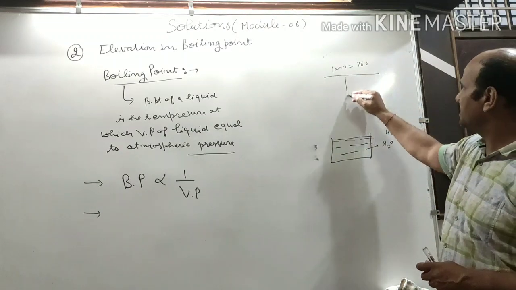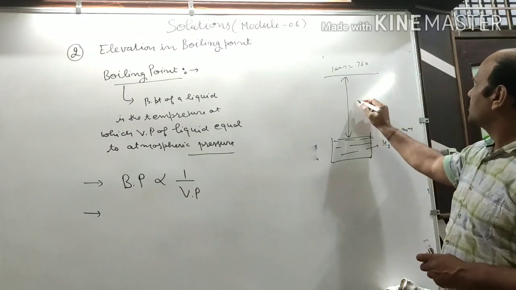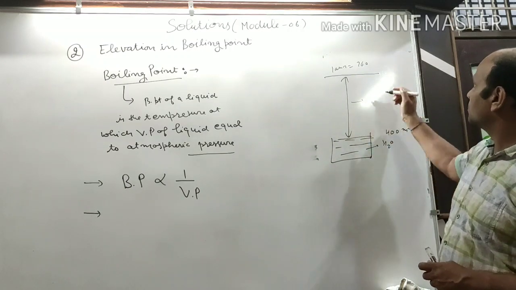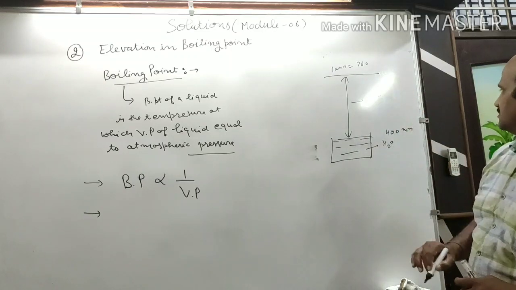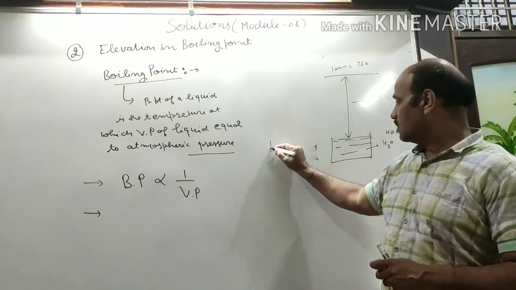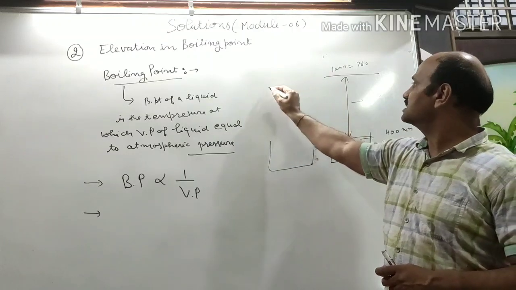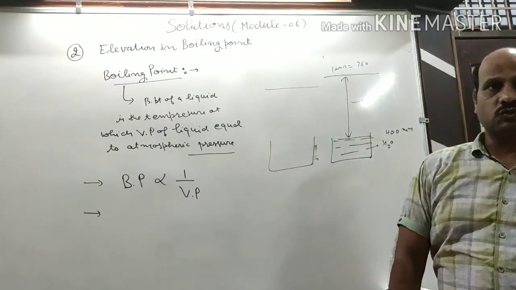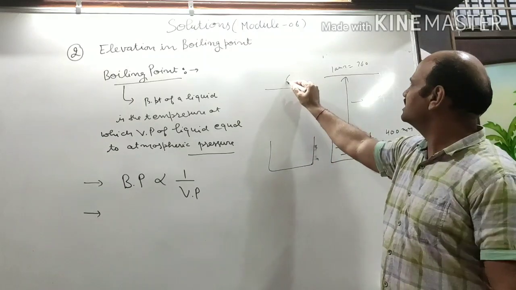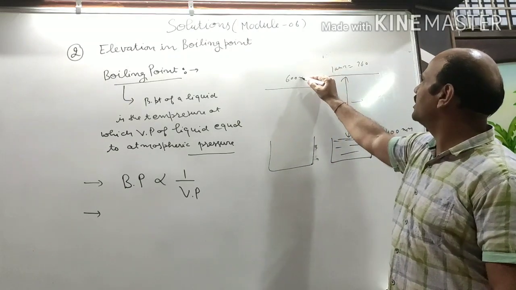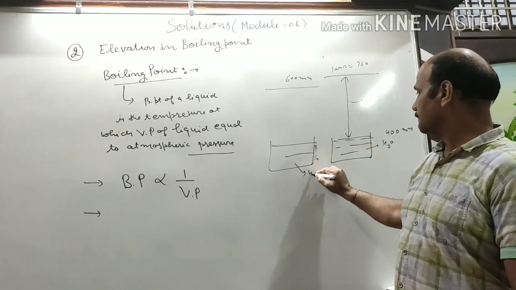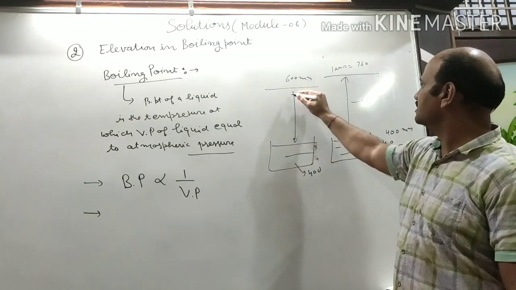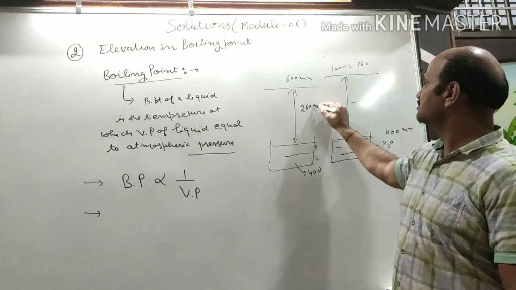Now from here to here, what is the difference? That is 360. Now at mountains this atmospheric pressure is lower. Suppose that is 600 mm and this is 400. What is the difference here? That is 260.